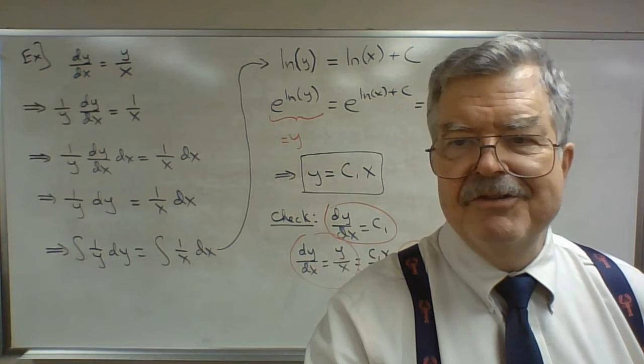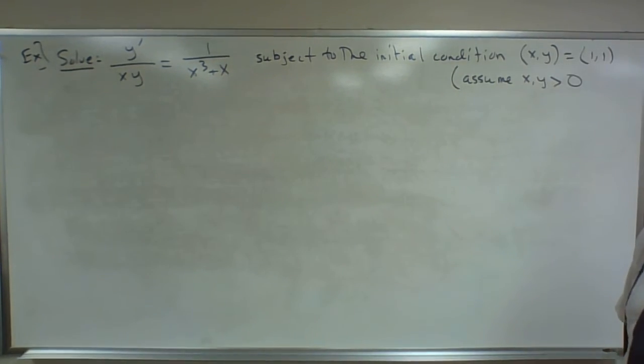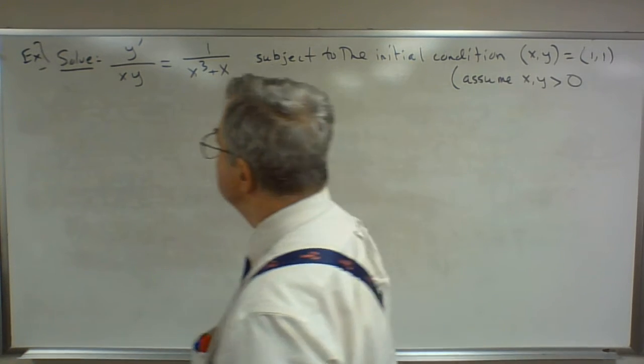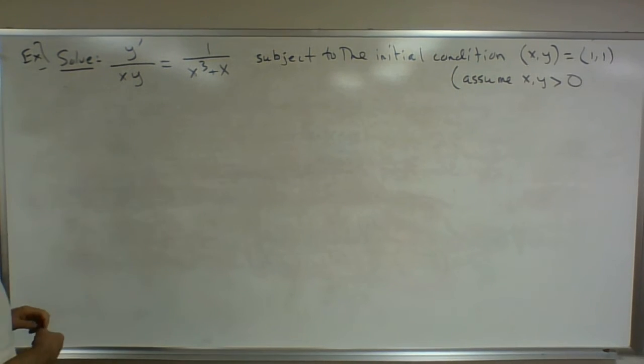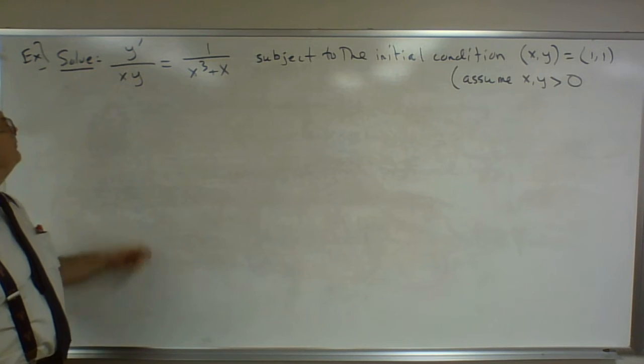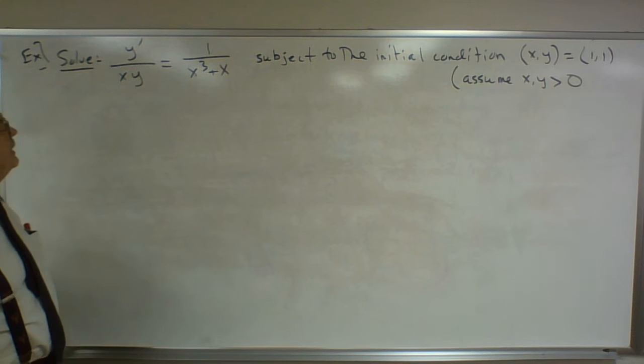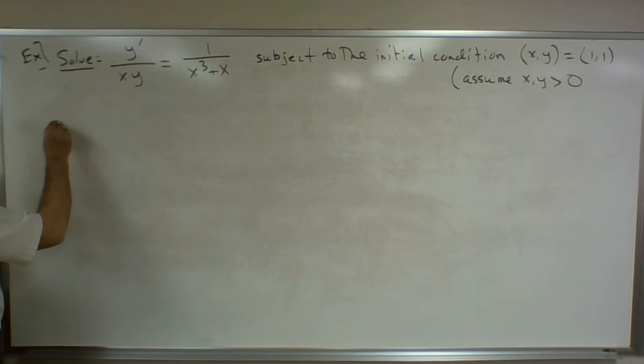Well, that was too easy. We got to do another one. Okay, what about this baby? Can we separate the variables? This looks kind of easy. If I just multiply both sides by x, I think that'll do it.